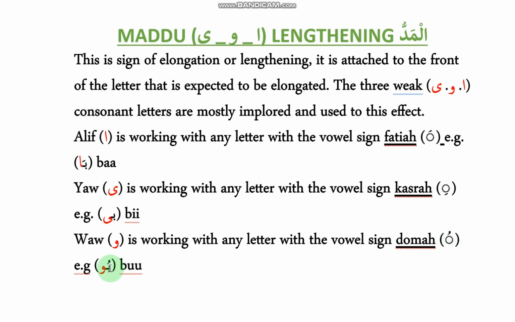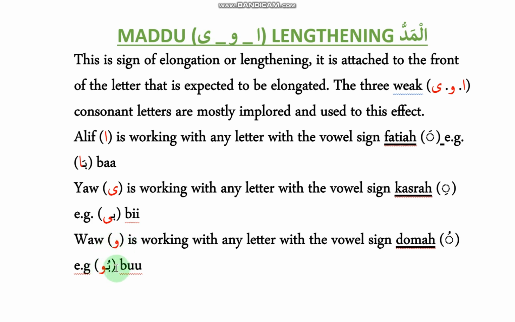It will be Ba Doma Bu. It has changed from A and E. It is now Bu. But if you want to elongate this vowel, how do we do it? We seek the assistance of this weak vowel, then add it to the front.